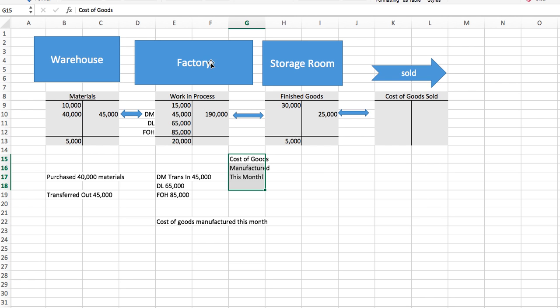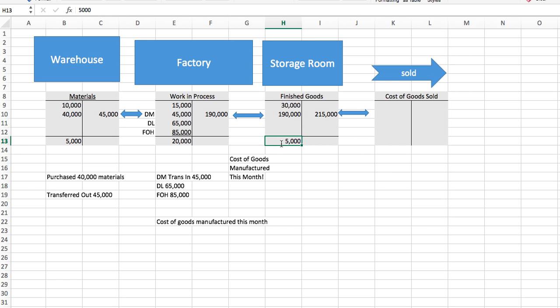You're taking those finished goods out of the factory and putting them in the storage room because you're ready to sell those. Now we'll assume that at the beginning of the month we had $30,000 worth of items already in the storage room. Now we're going to transfer $190,000 worth of items to the finished goods storage room.